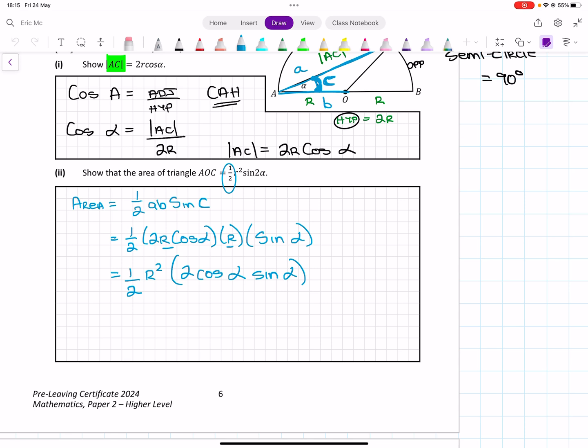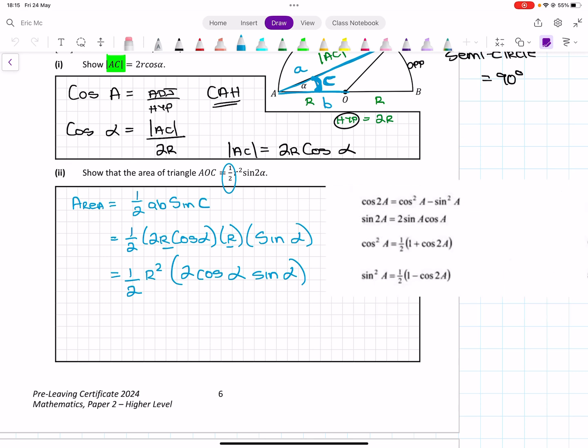See this here? That's the same as that basically. So I can turn that into a half r squared sine 2 alpha. And that's what we needed.